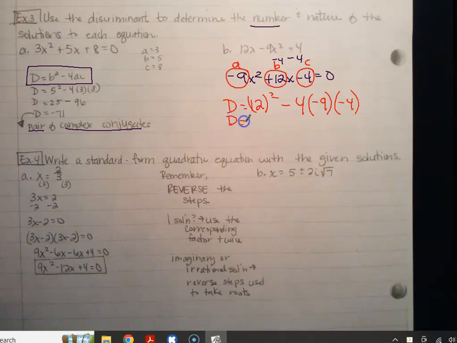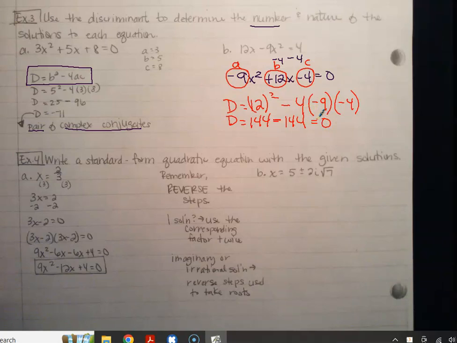So our discriminant equals 12 squared, which is 144. And then we have negative 4, negative 9, and negative 4, so we're going to have a negative answer. That's why I went ahead and put that there. 4 times 9 times 4 is 144. So our D equals 0.